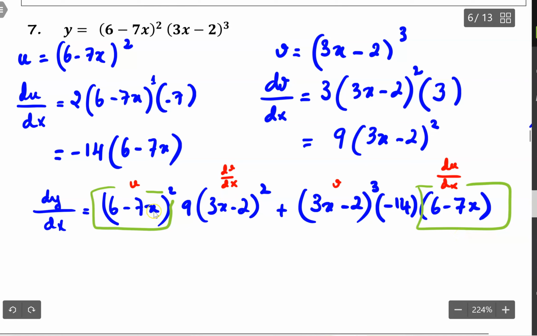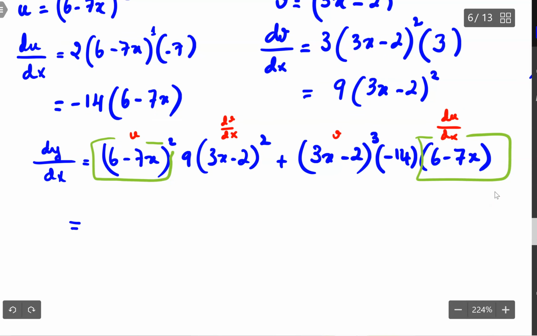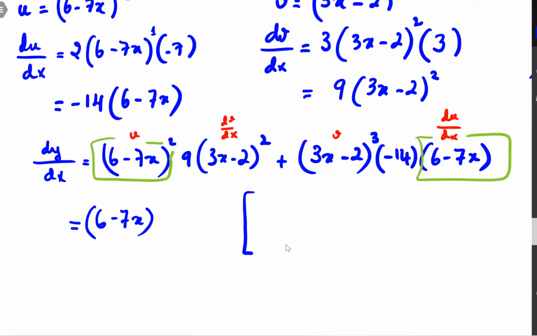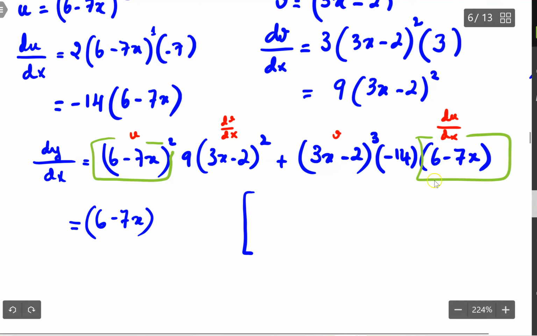So you have 6 minus 7x all of it to exponent 2, and you have 6 minus 7x raised to exponent 1. So to factor, what you do is you factor out the one with the lower exponent. Okay, so I will take this one out of the bracket. So let's see what I have inside the bracket now. Inside the bracket, I know that this one will be gone. You won't see that anymore because you already brought it out of the bracket.